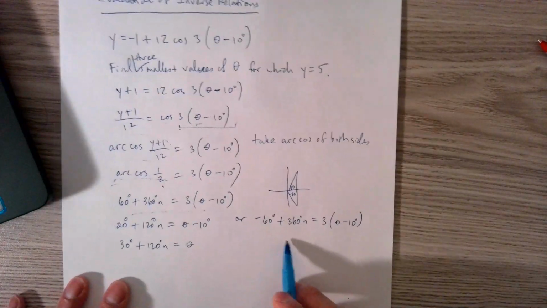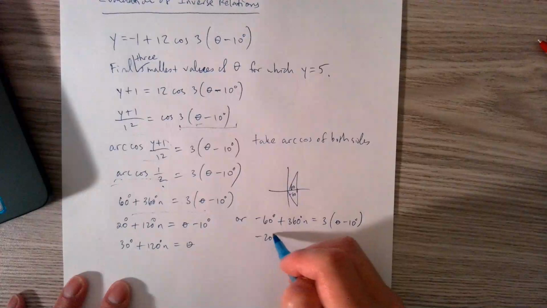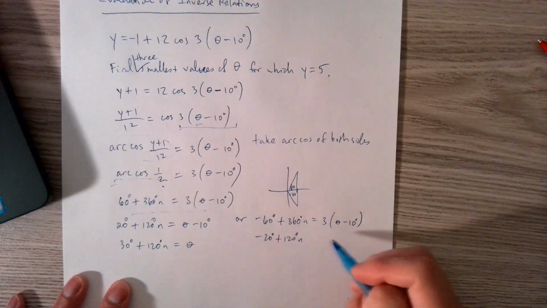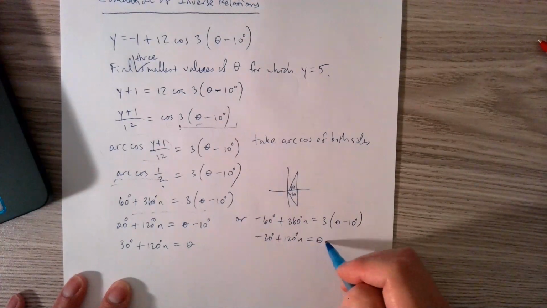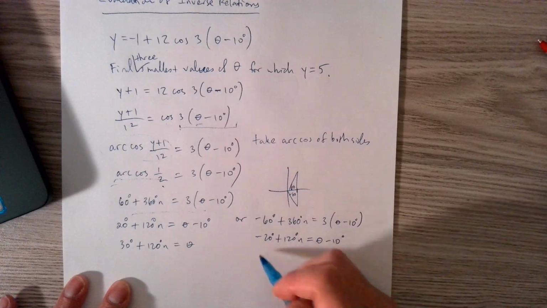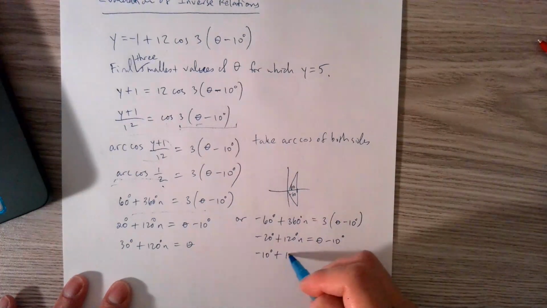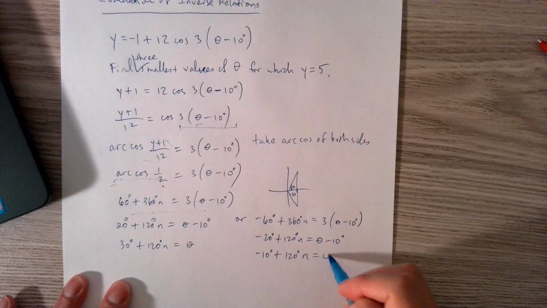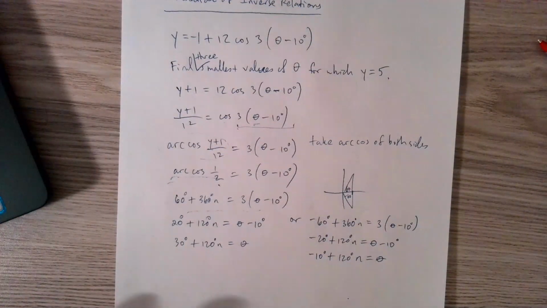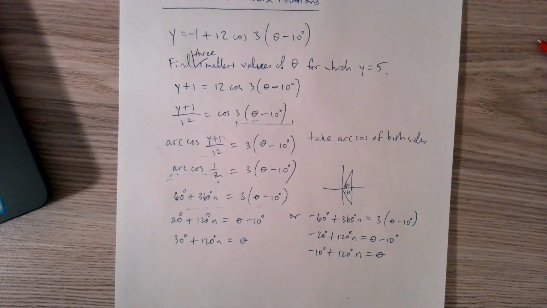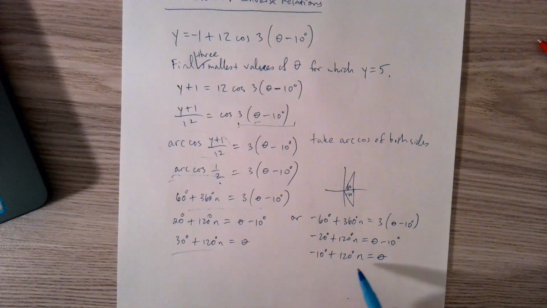And then over here, divide by 3 on both sides. And add 10. Okay, so these are my expressions for theta, 30 plus 120n and negative 10 plus 120n.